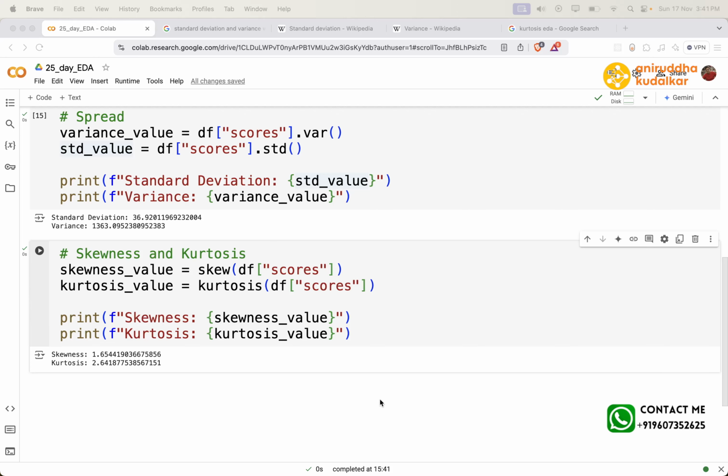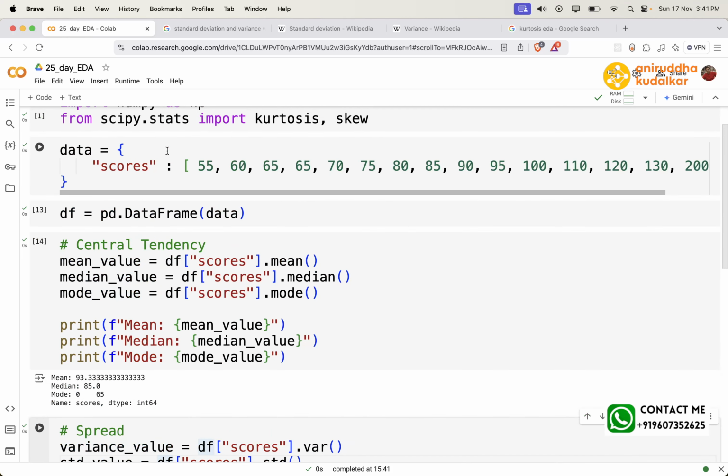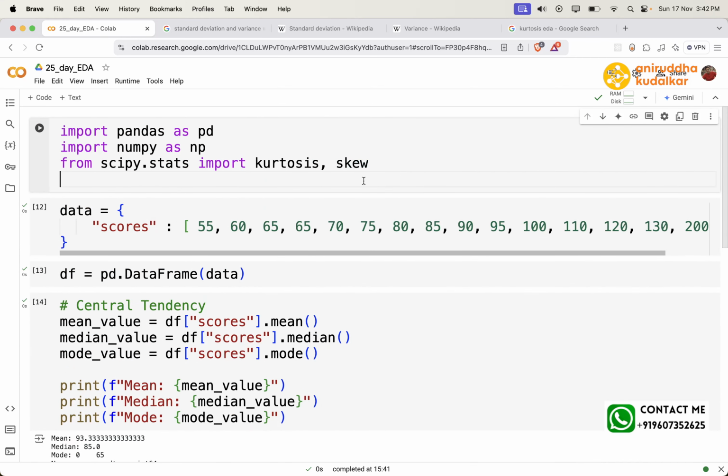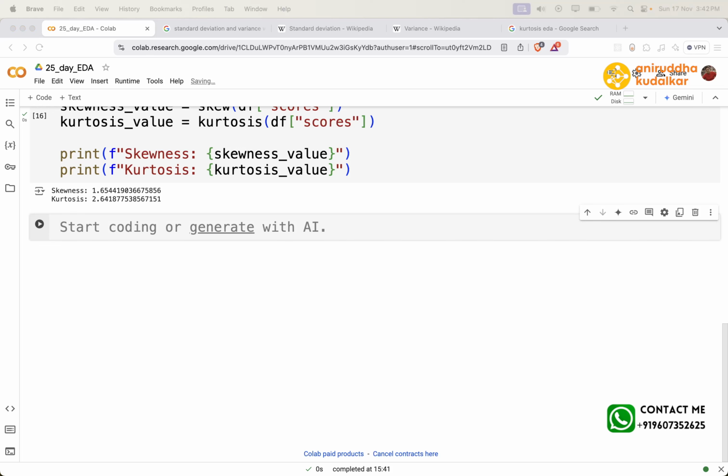Now, if you want to plot this, let's try to visualize it, because we have talked about this. We need to import two libraries, Seaborn and matplotlib. Let's create the figure over here.